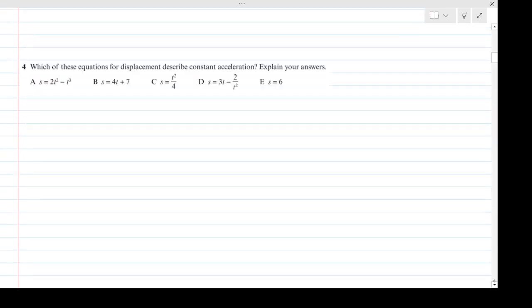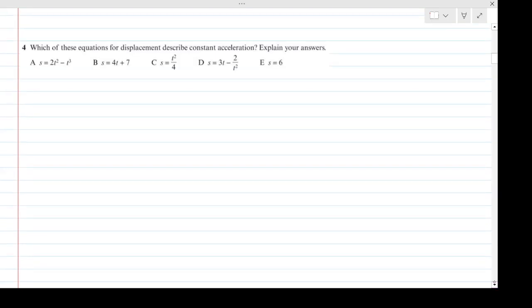So firstly, I've got this question here, and we're asked which of these equations for displacement describes constant acceleration. Explain your answer. Okay, so part A, we have the displacement s is 2t squared minus t cubed. Now it's asking about acceleration, but we've got displacement here, right?